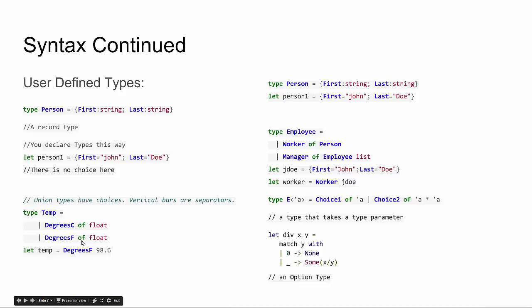To declare a union type with multiple variables, you use the star, so you could do star float here. You can also have types that take types as parameters, like this. The last one here is an option type, which is the Some or None thing, which is important in functional languages.